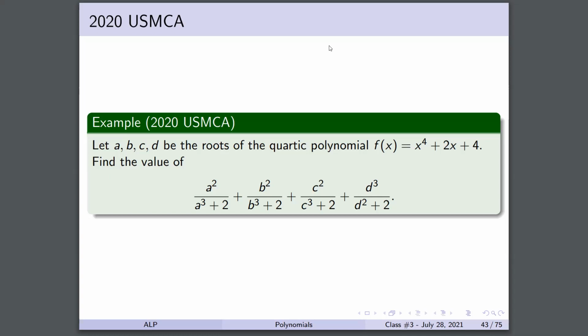Then we divide by a, and we get negative 4 over a equals a cubed plus 2. And now this is very similar. We can plug this straight into the bottom thing. So then we get a squared over negative 4 over a equals negative a cubed over 4.